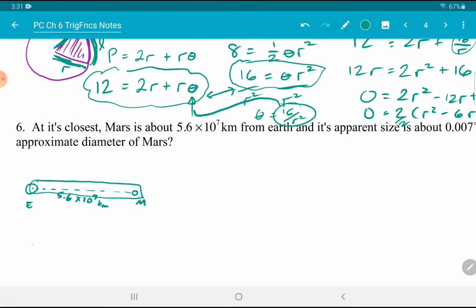If we're sitting here on Earth, and I'm going to try and draw a face here, right? Here's your eyes. And when you look at Mars, then what you end up seeing is that Mars takes on this general shape, right? It's a circular shape.